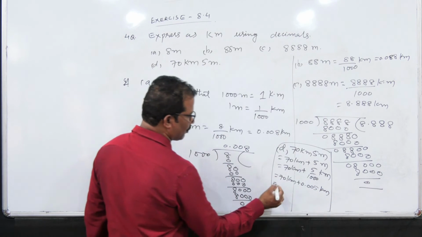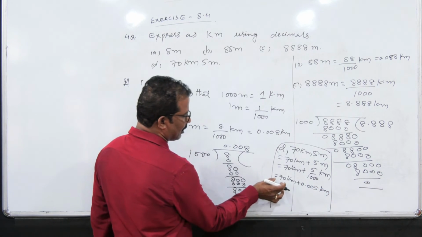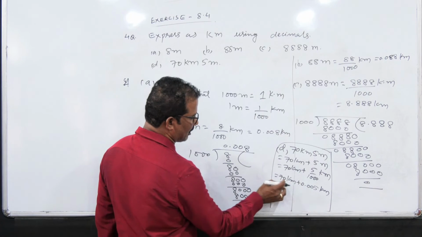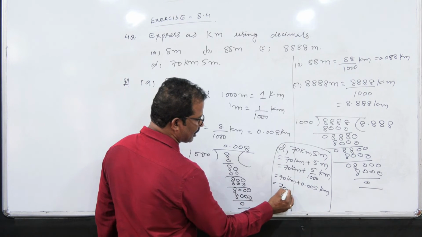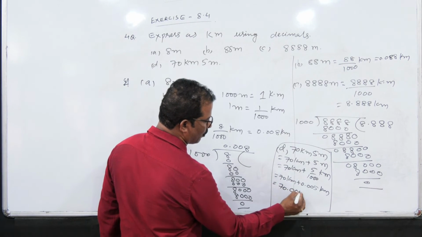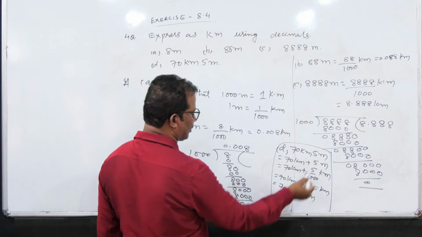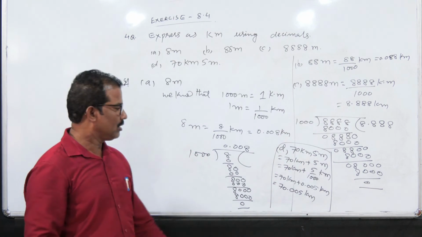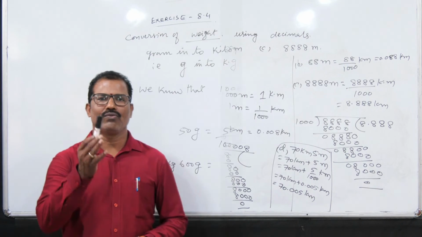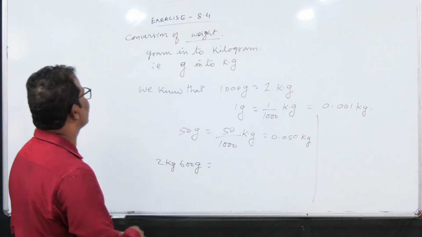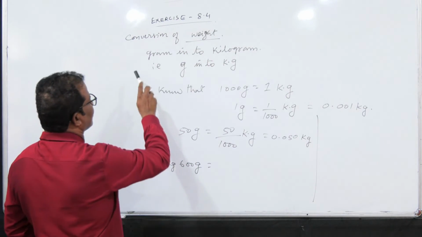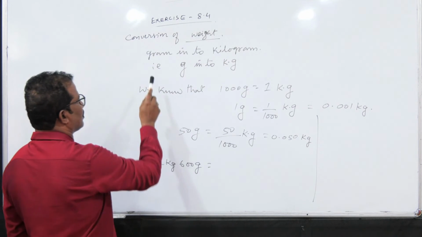So if we add these 2 parts, in the whole part 70 and here 0, 70 plus 0 is 70. Then the decimal part is 0.005 kilometer. Altogether, 70 kilometer 5 meter is equal to 70.005 kilometers only.